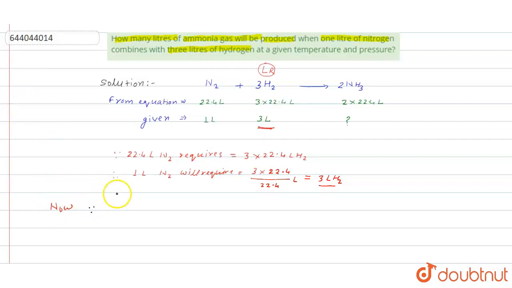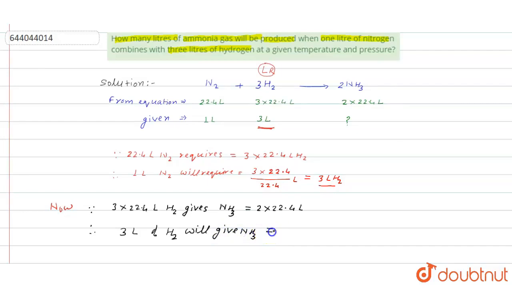Further, by the unitary method from the equation, it is clear that 3 into 22.4 liters of H2 gives NH3 equal to 2 into 22.4 liters. Hence, the given value of hydrogen is 3 liters. 3 liters of H2 will give NH3 equal to 2 into 22.4 upon 3 into 22.4, into 3 liters.